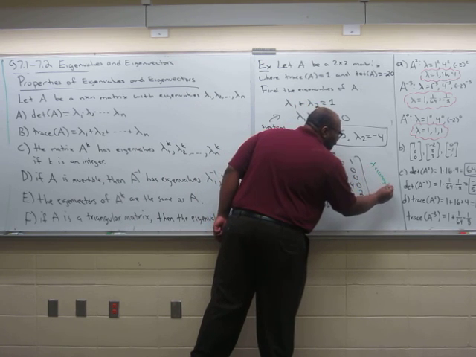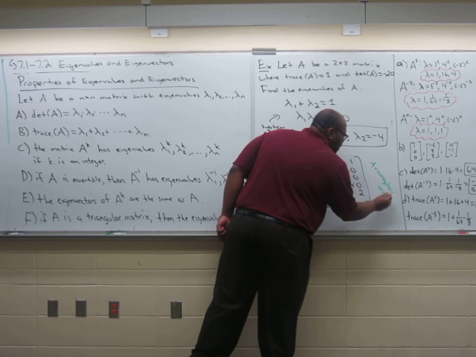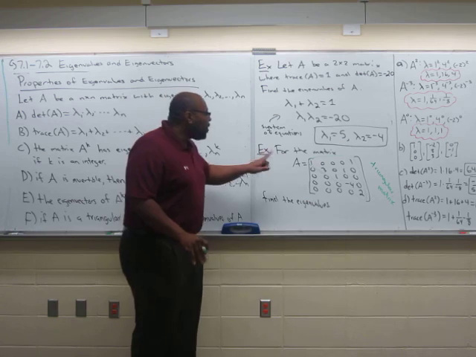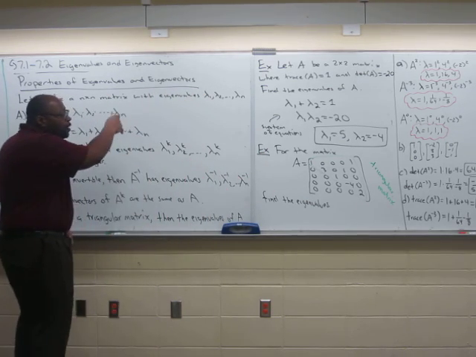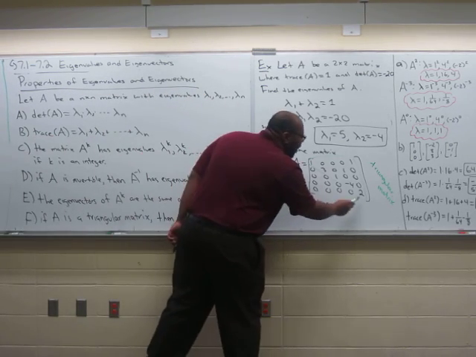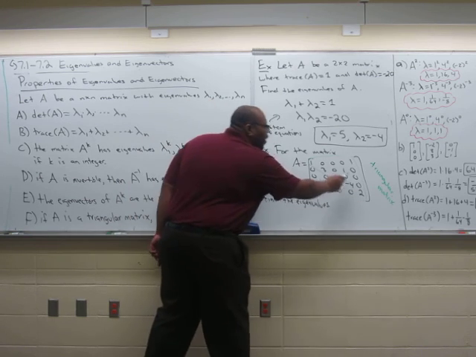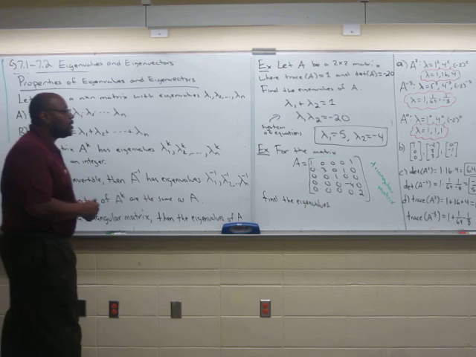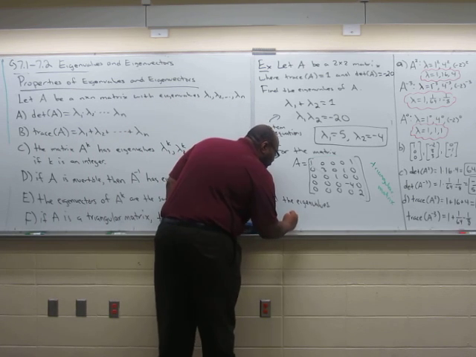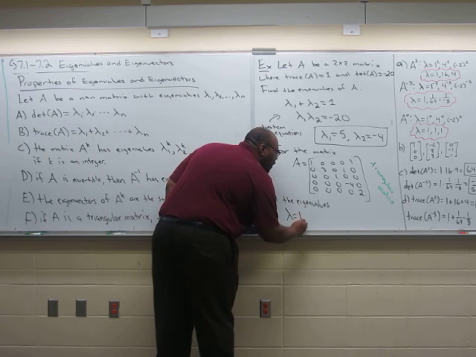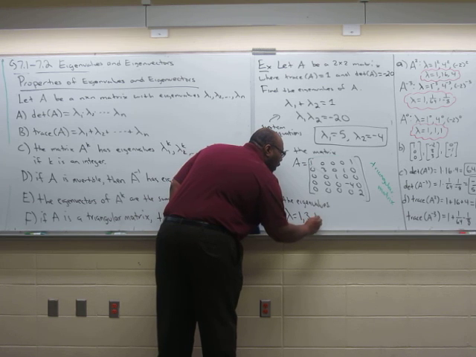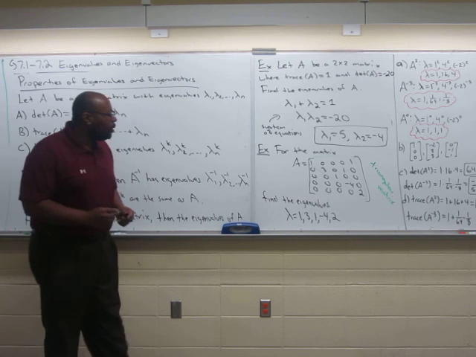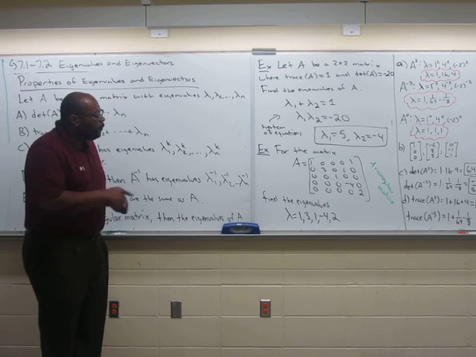Since it's a triangular matrix, that means my eigenvalues are going to be along the main diagonal. What are my eigenvalues going to be in this case? Well, I get lambda is equal to 1, 3, 1, negative 4, and 2.